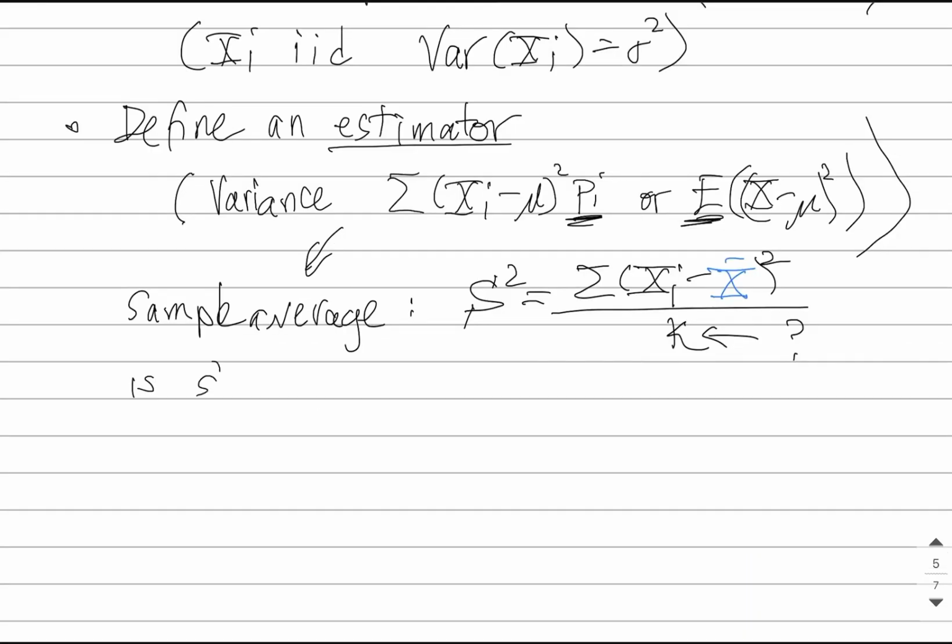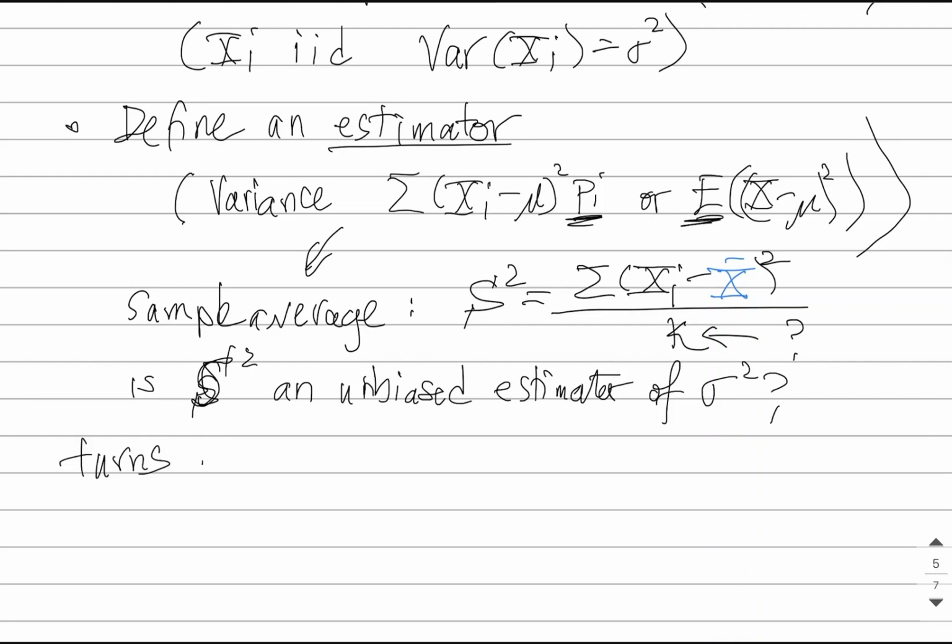Is S squared, a capital S squared, an unbiased estimator of this population variance? This calculation is a little bit longer, so I'm not going to go through the details, but it turns out that if you take the expected value of S squared and do the work, it's nothing but algebra and using definitions, you will end up getting n minus 1 times sigma squared over your value of k.